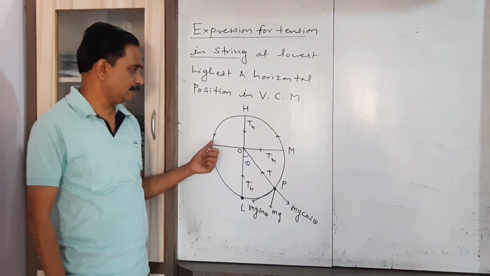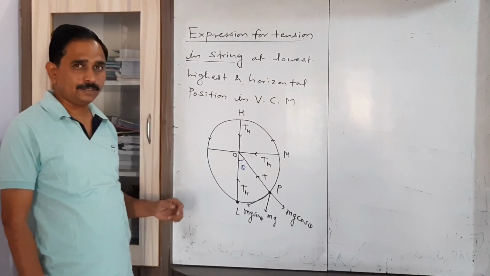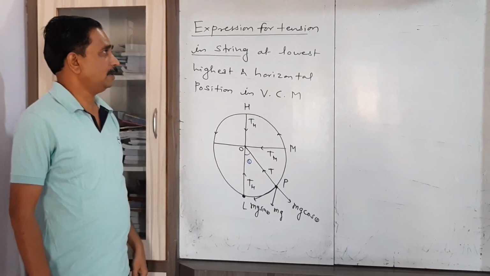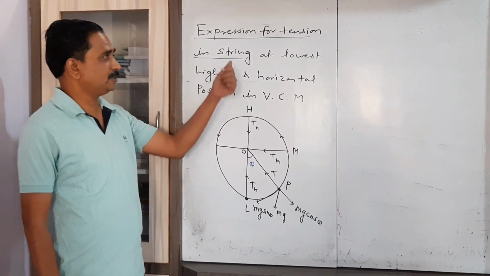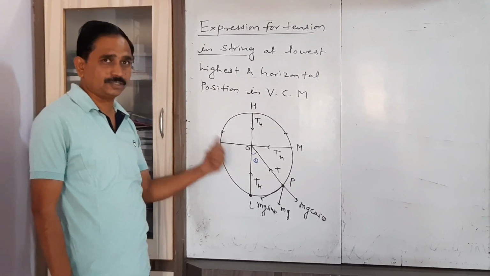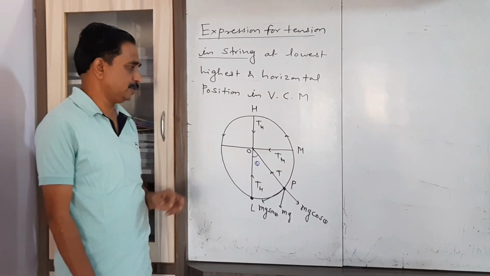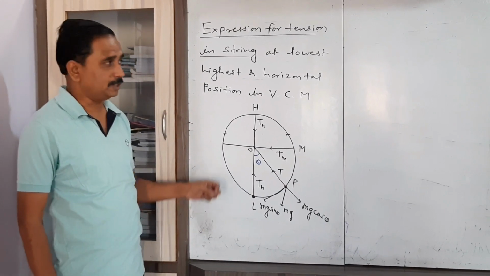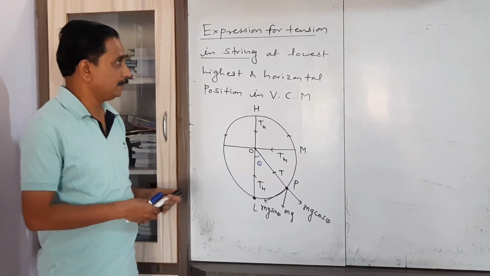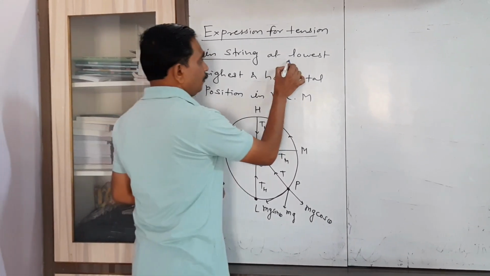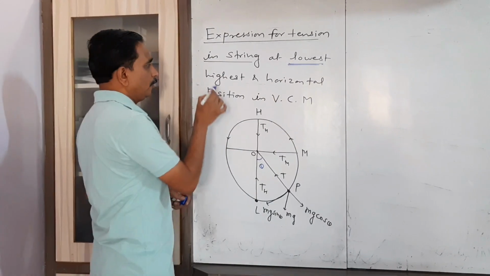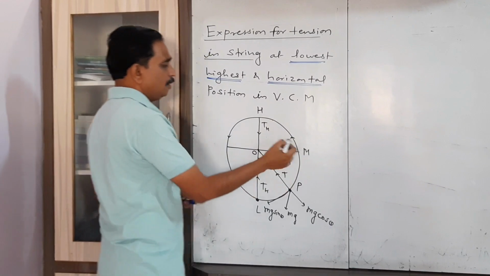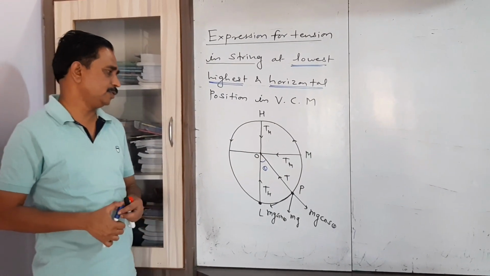Now let us consider a very important expression on the same topic, that is vertical circular motion, which is the expression for tension in the string at various positions of the vertical circular motion. Generally, we have to find the expression for tension at the lowest position, at the highest position, and at the middle or horizontal position.